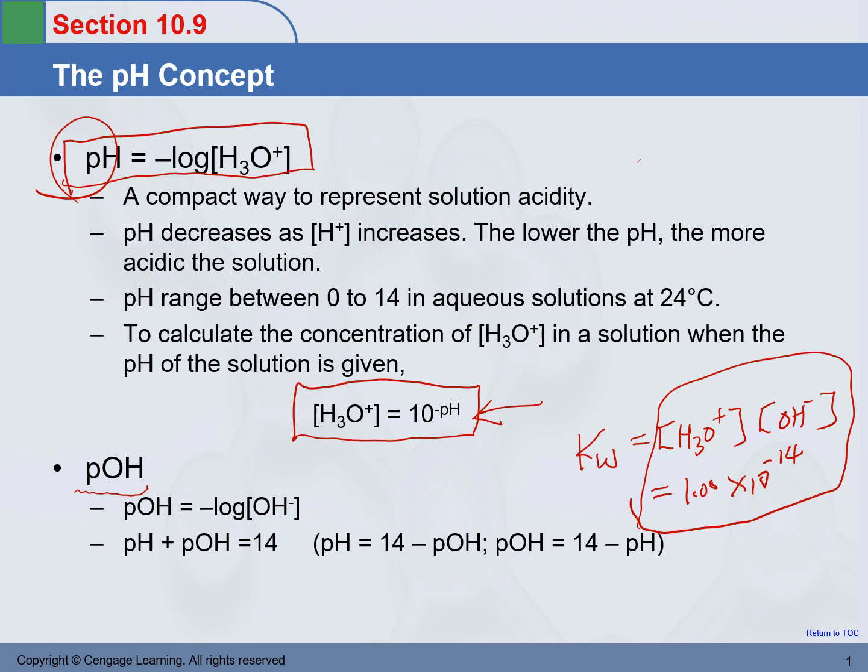Again, if you're interested, you can dig out the mathematical reasons why pH plus pOH equals 14. You don't have to. That is the reason why pH plus pOH equals 14. Therefore, for some solution, if pOH is given, pH will be 14 minus pOH. If pH is given, pOH will be 14 minus pH.